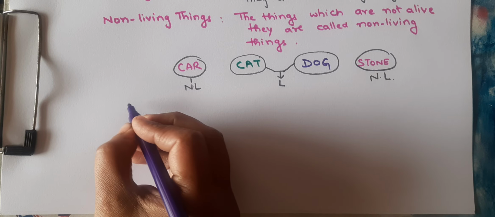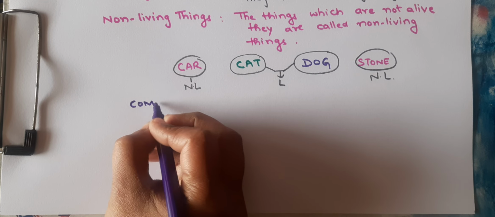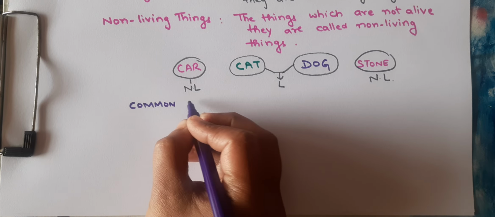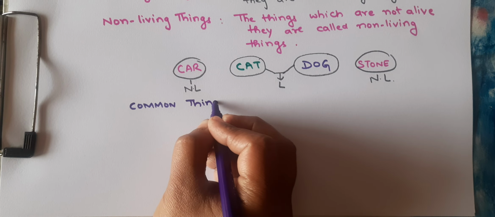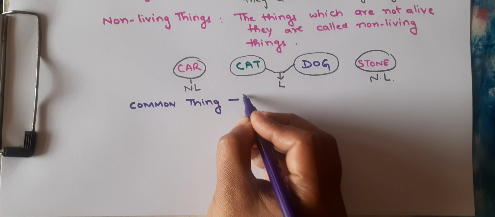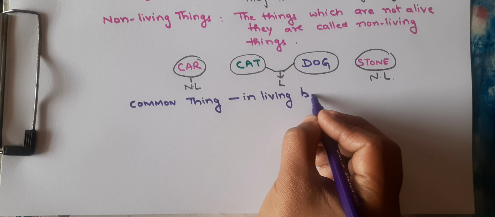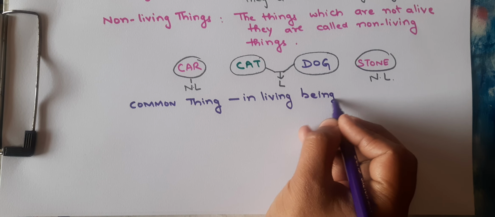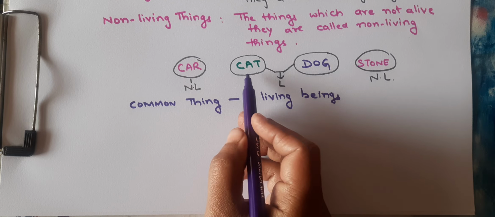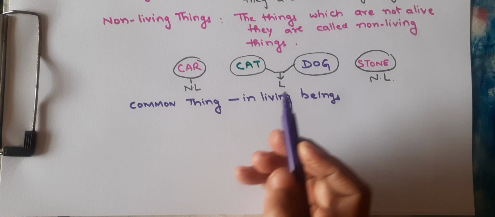The common things you have to see in living beings, to explain it easier, I will take the example of a cat.